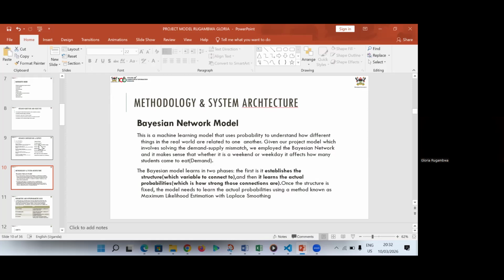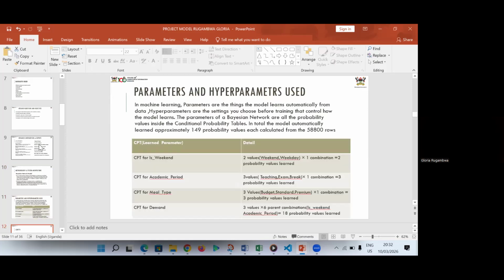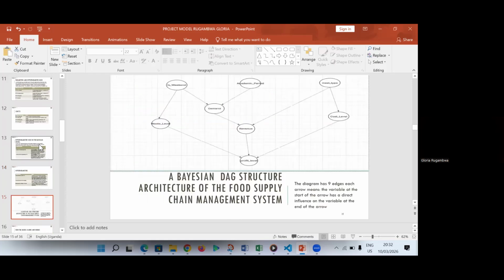It has the structure, which we have down here. As you can see, the structure involves arrows, or edges, and each arrow means that the variable at the start of the arrow has a direct influence on the variable at the end of the arrow.